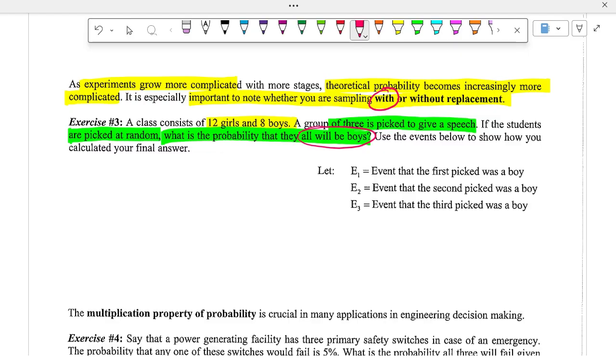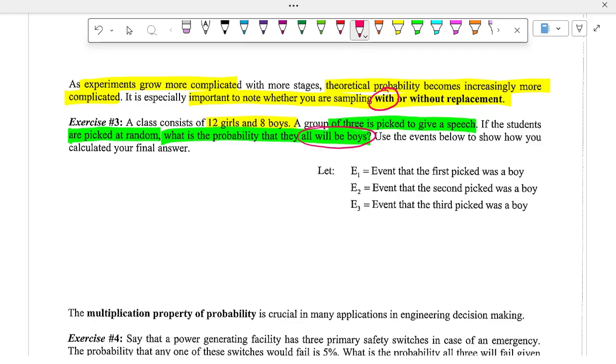So let's think about this logically. Let's say that I used my cup with my numbers on it and I pulled 3 names out of it, and I wanted the probability that they would all be boys from this classroom. First off, if I pick 3 people, do you think I want to be putting those sticks back in the cup?